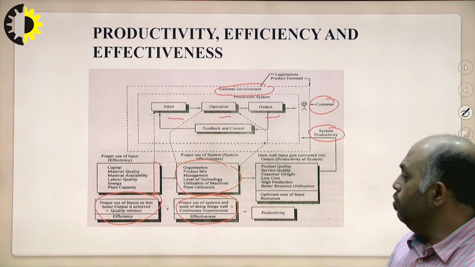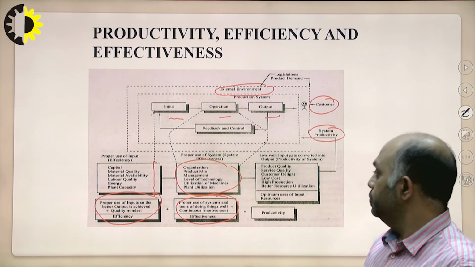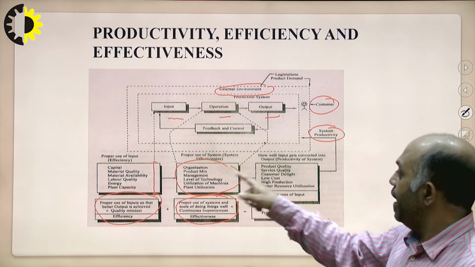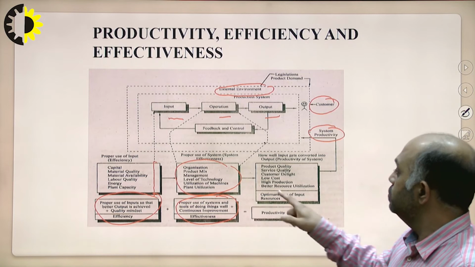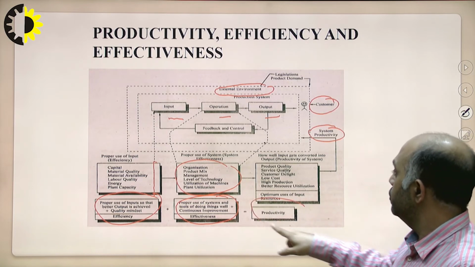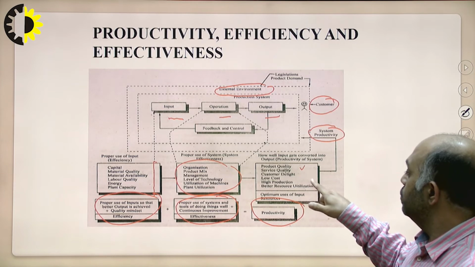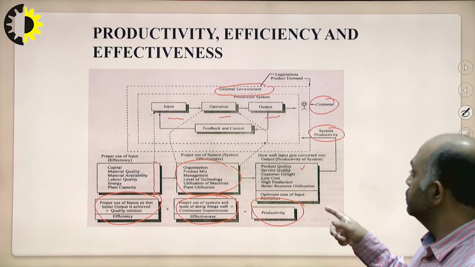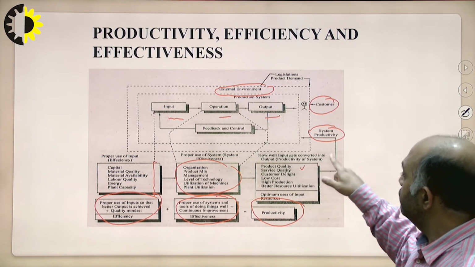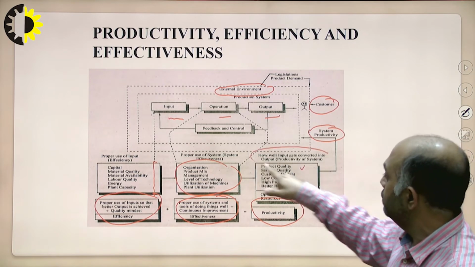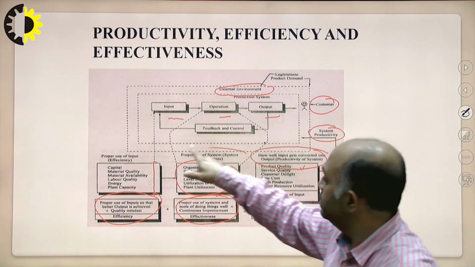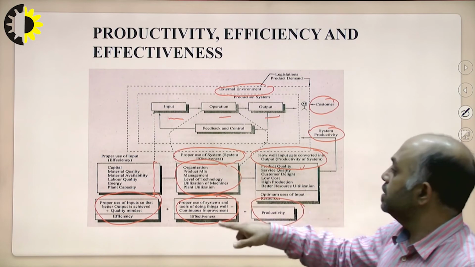So, how we can actually take out the output, right. When these two are matched together, the combination of these two gives us the productivity. The productivity is product quality, services, customer delight, low cost, high production, better use of technology. So, how well input gets converted into output is actually productivity. Proper use of the system is system effectiveness.